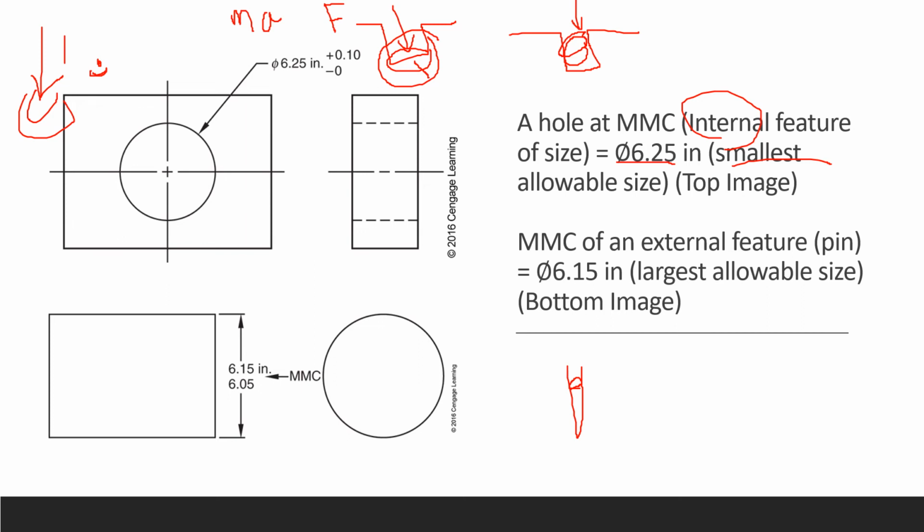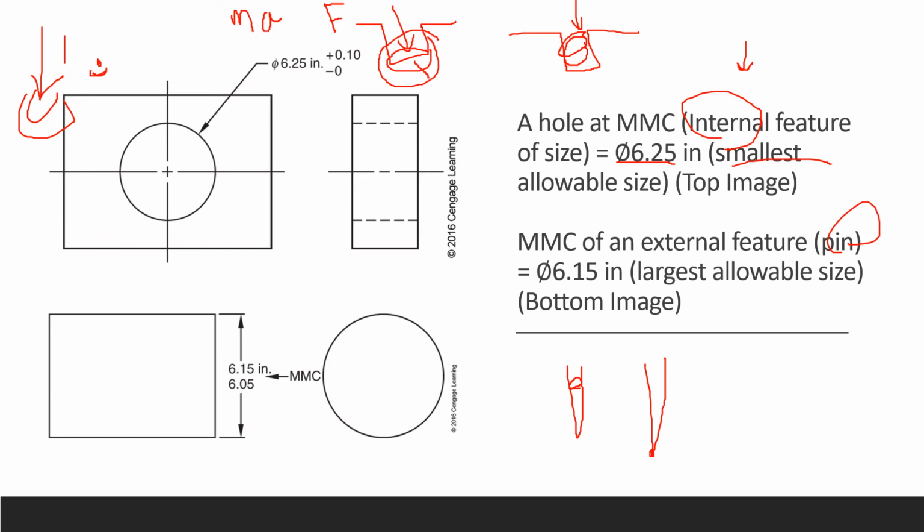So therefore, the hole at maximum material condition, here is your key point: internal feature is always the smallest allowable size. The outside one, this guy right there. We're looking at a pin in this example. A pin looks like that. It's a solid, it's an external feature.